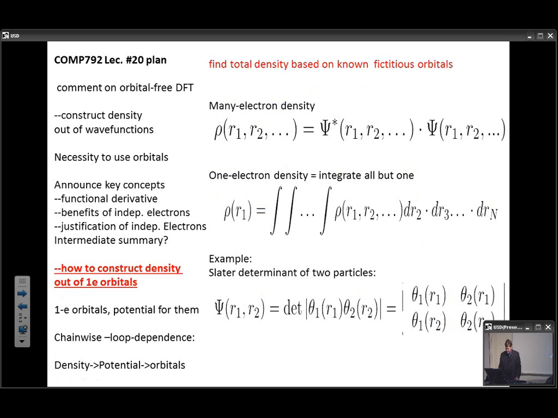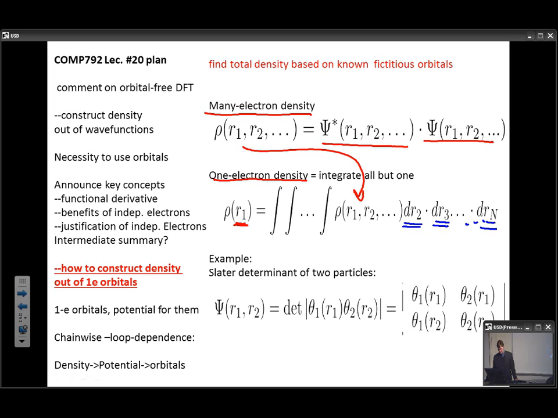Okay. So if we need multi-electron density, we just take the absolute value squared, the wave function times its conjugate. And if we need one electron density, for example depending on R1, then we take this construction and integrate over all but one.